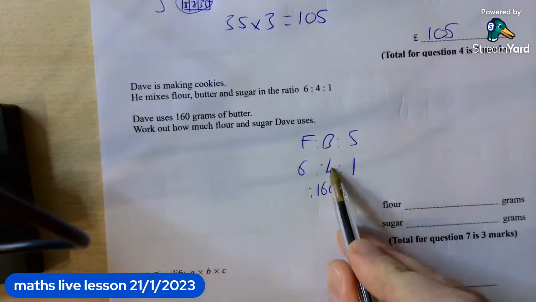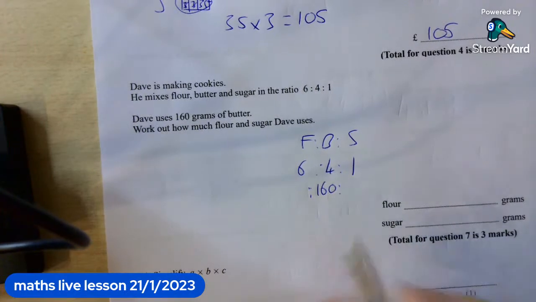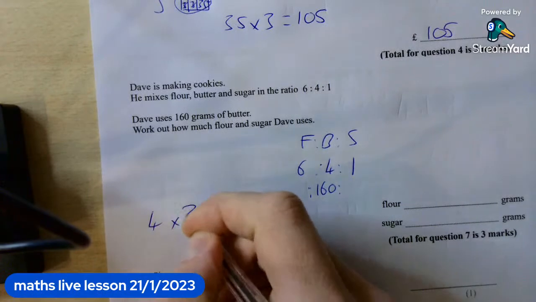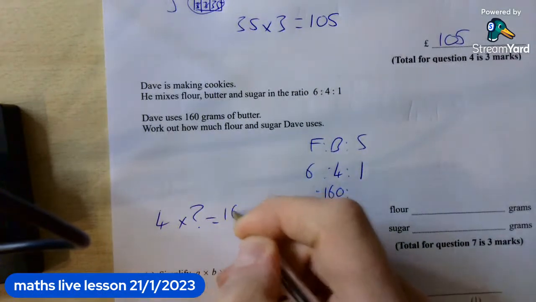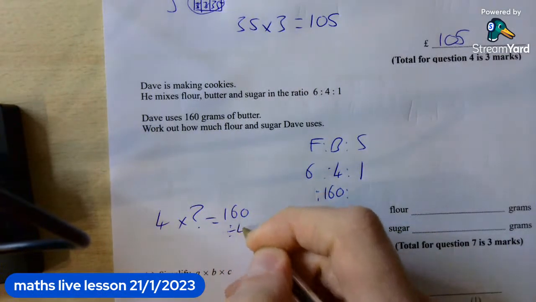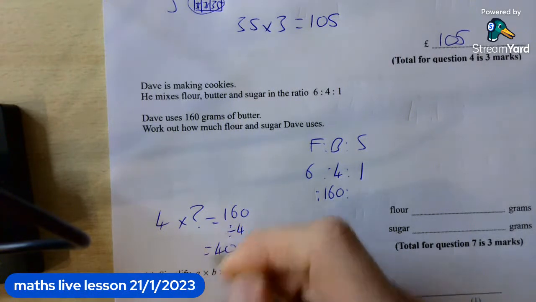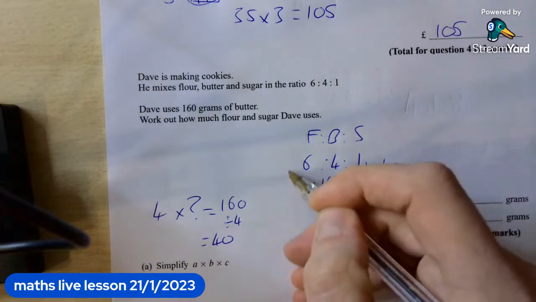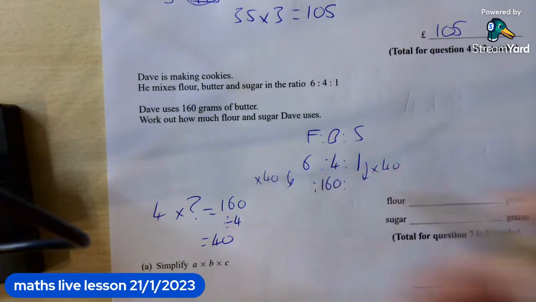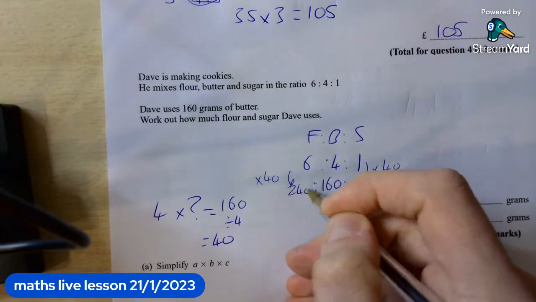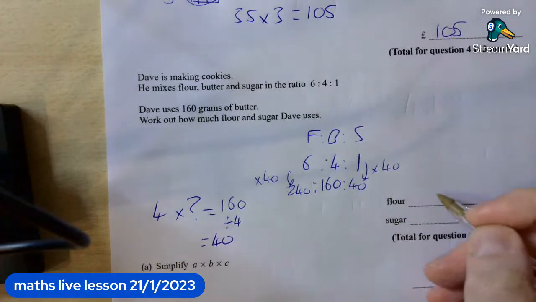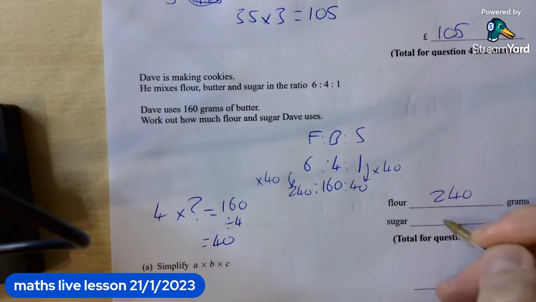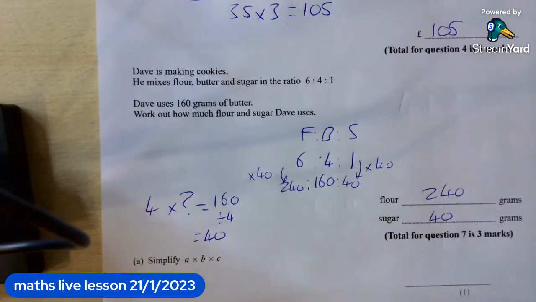So this is where you got to think, what's 4 been multiplied by to get to 160? So 4 multiplied by something equals 160. So then if I divide by 4, that gets me 40. So now each one of these needs to get multiplied by 40. So that'll be 240, and that's 40 there. So flour is 240, and sugar is 40.